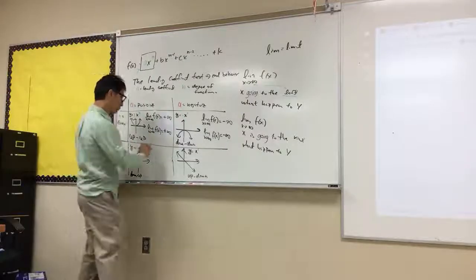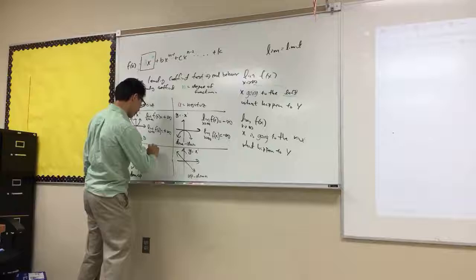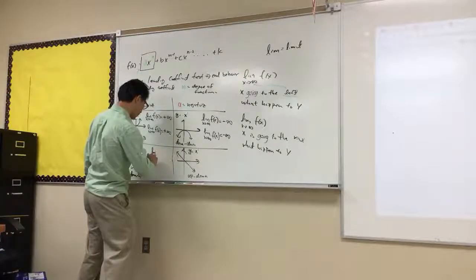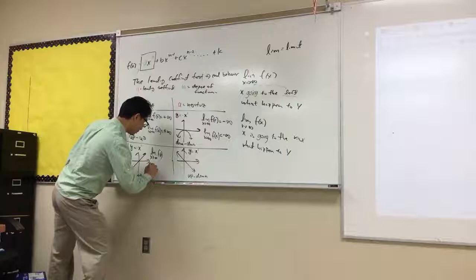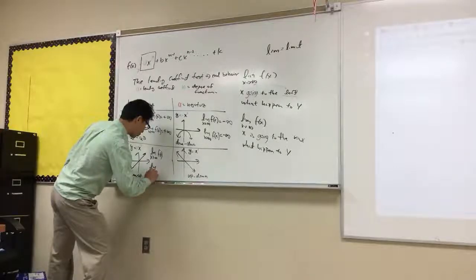So what happens here? Can you finish writing here? The same thing applies to all of them. Limit as x approaches negative infinity of f of x. It's always the same thing. Limit as x approaches positive infinity of f of x.